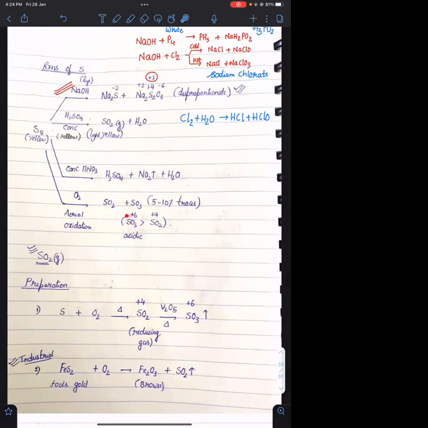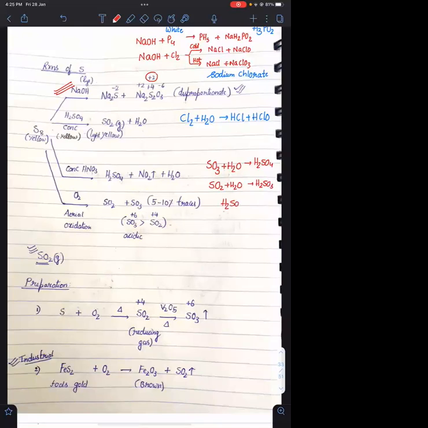Acidic strength: SO3 is greater than SO2. Reason: if SO3 is mixed in water, what is the acid you are going to get? You will be getting H2SO4. If SO2 is mixed in water, what is the acid you are going to get? H2SO3.